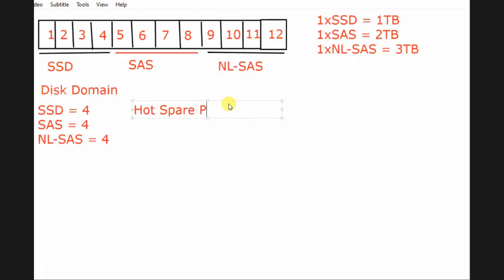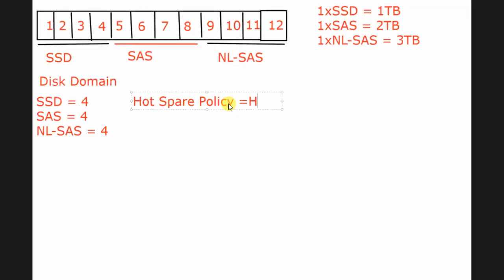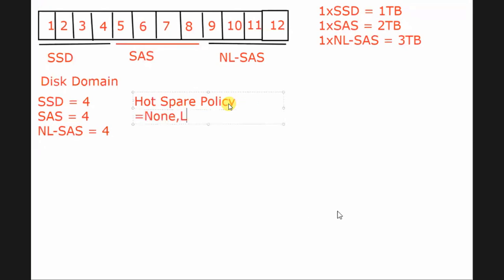You can select none, which means you don't want hot spare on SSD, or low, or high. These are the 3 policies you can choose from: none, low, or high.